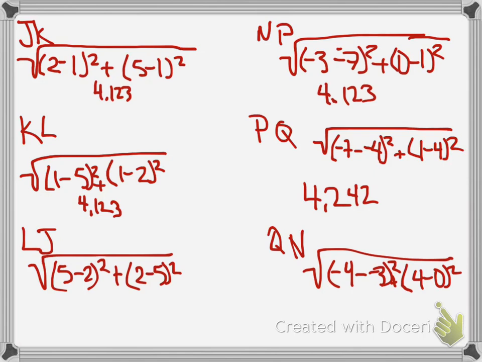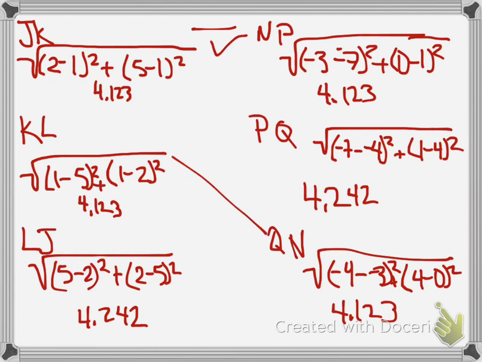Ah, but wait. Check all the work. You might need to. Ugh, I hate that bell. Anyways, LJ, 4.242. Oh, I see something. QN, 4.123. Booyah! Okay, obviously these are isosceles triangles each. And we can see now, I can say JK and NP go together, but it's obvious KL and PQ don't go together.